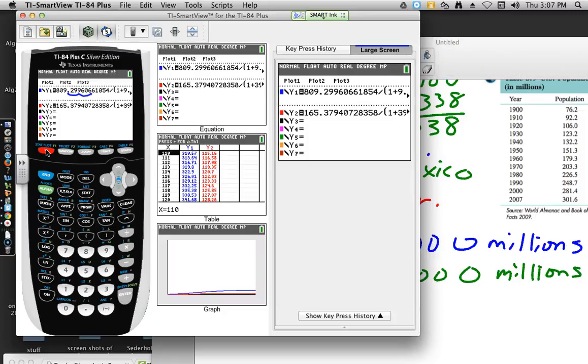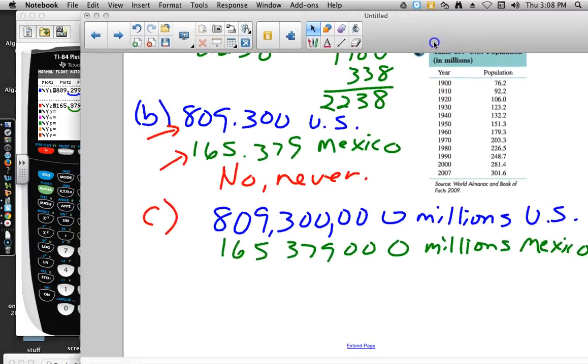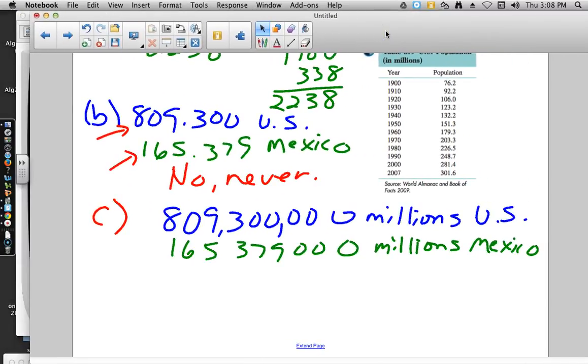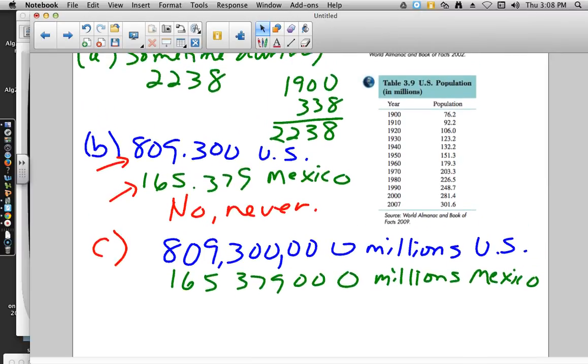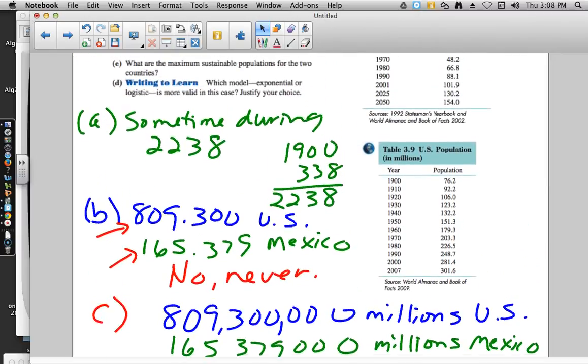And then for Mexico, do the same thing, those 6 decimal places and say 165,379,407, so that we have all of those decimals in there. But you're going to notice that your book for the answers in the back, it must have really been scrunched for type space, because they just stopped at 809 million and 165 million. So even with the answer I have up there, a little more specific than what they had.